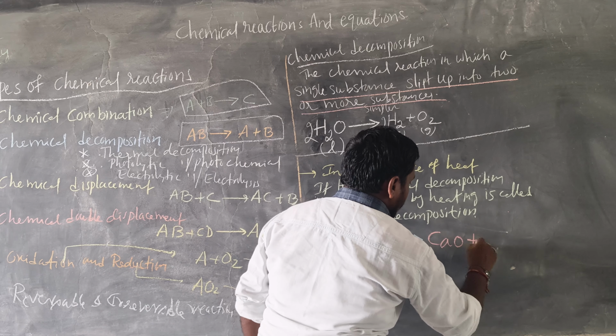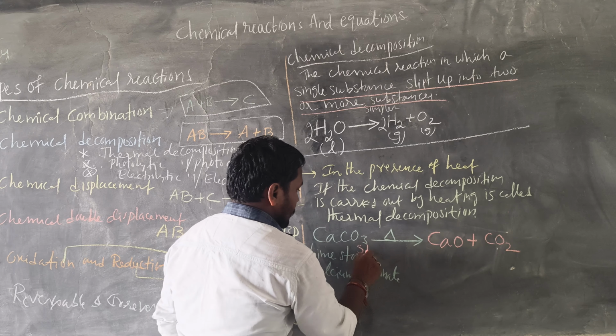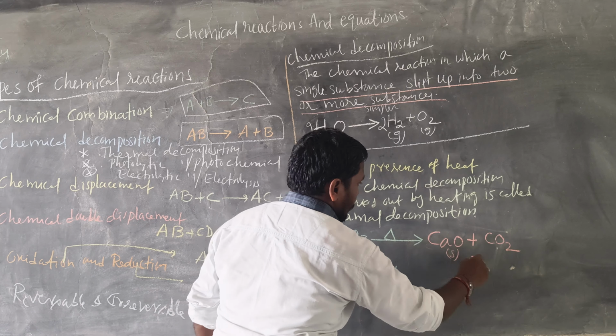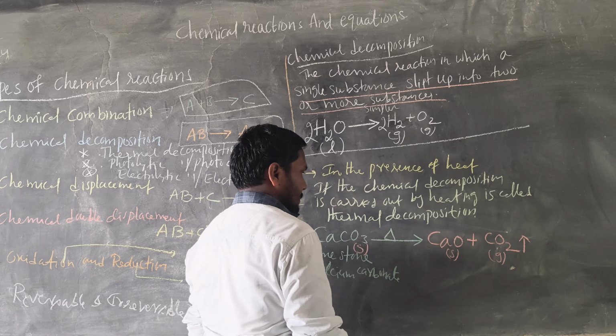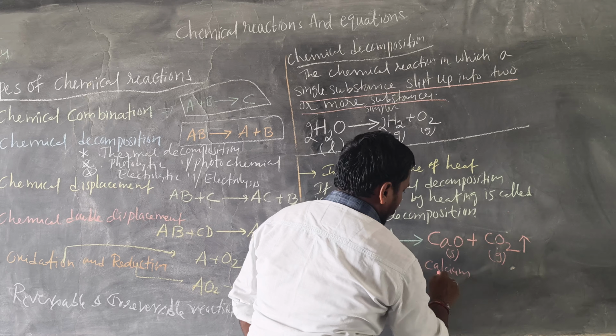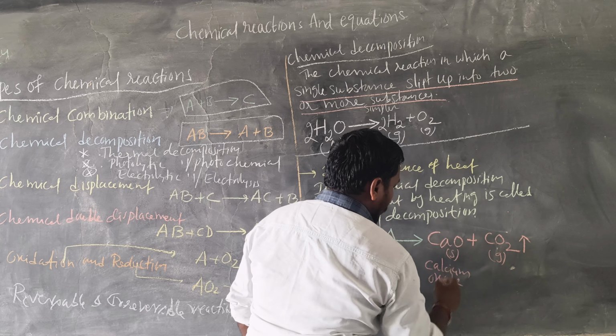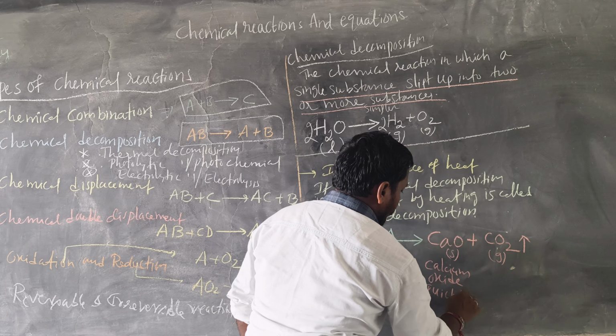Calcium oxide and carbon dioxide. The calcium oxide is a solid, and the carbon dioxide is a gas. Calcium oxide is generally called quicklime.